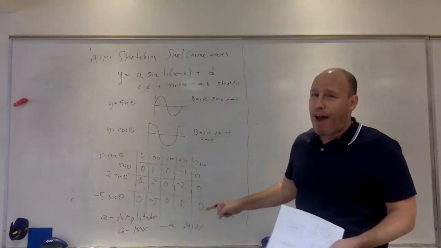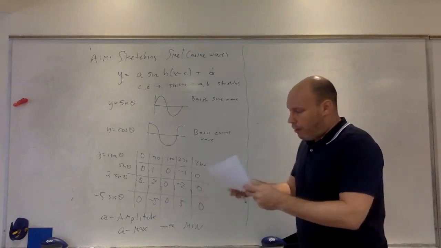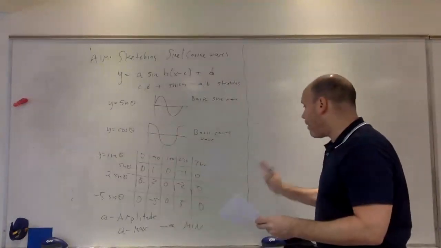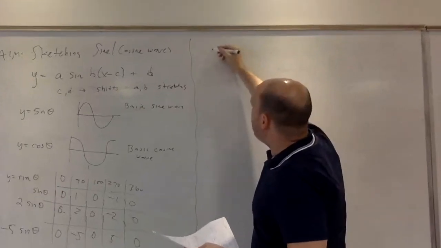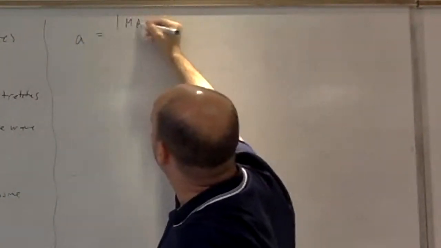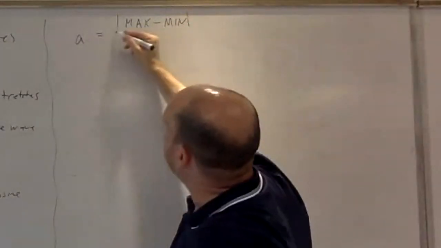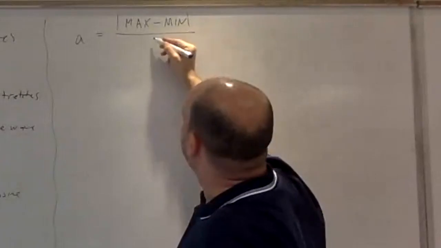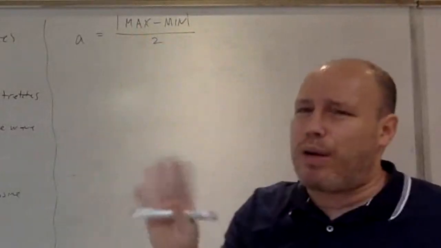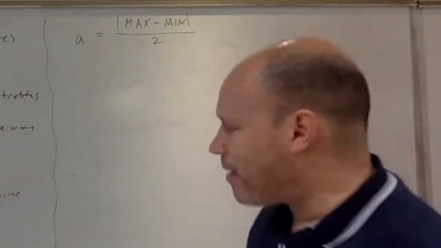I want you to look up these graphs in Desmos. The last thing I'm going to talk about is that A is equal to the absolute distance between the max and the min, divided by 2. We put the absolute value because we're not interested in the negative. That does not concern us.